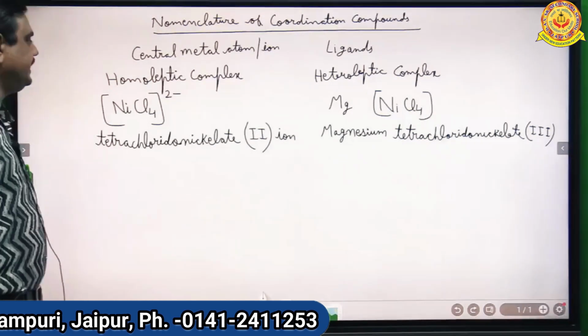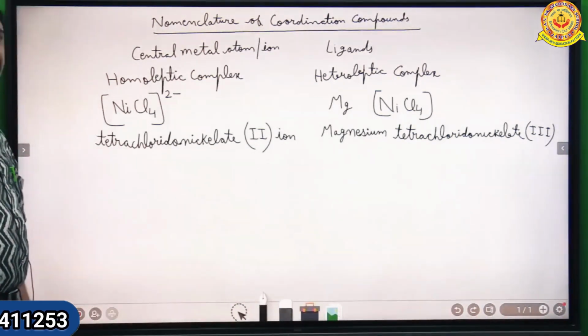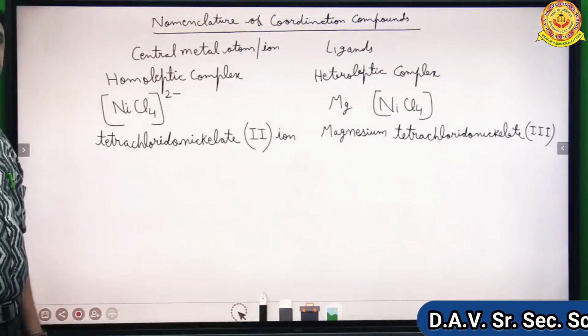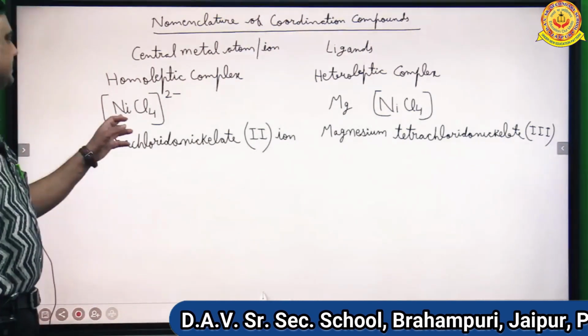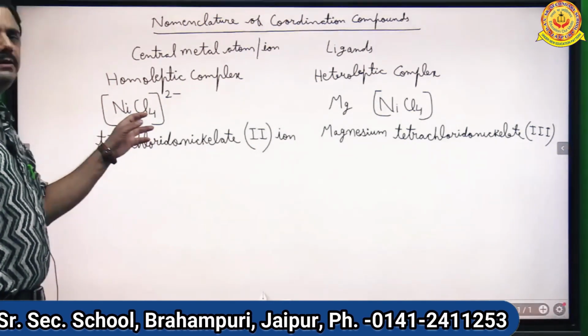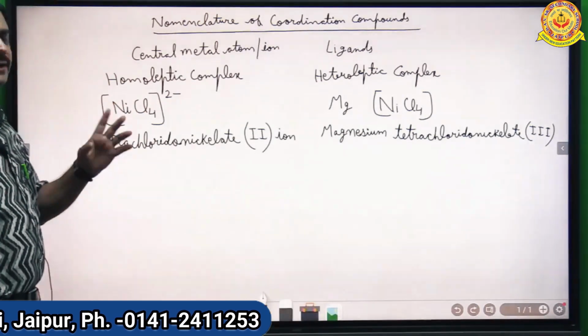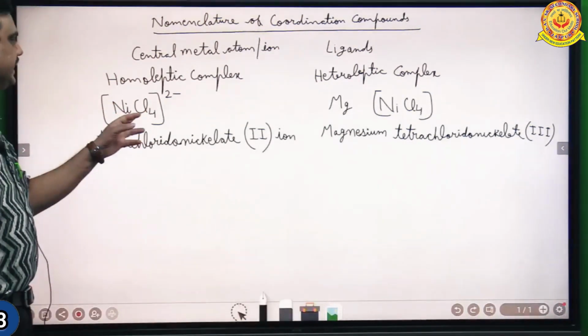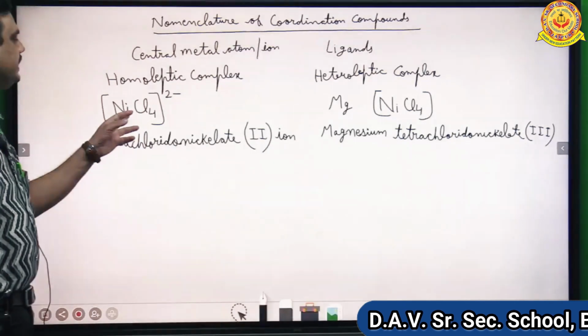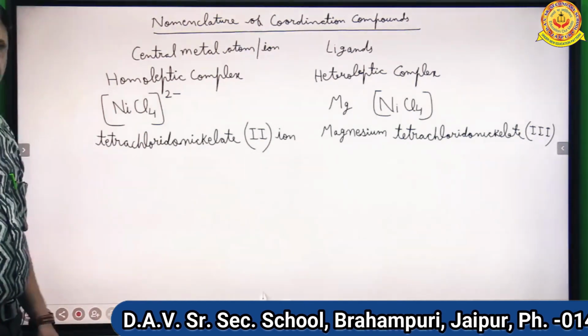which can donate more than one electron pair at a time because they have more than one donating site. And in that case the coordination number will be calculated in a different way. For example, here we know that the chloride ion gives only one electron pair, so we can guess that the coordination number of nickel is 4 here.